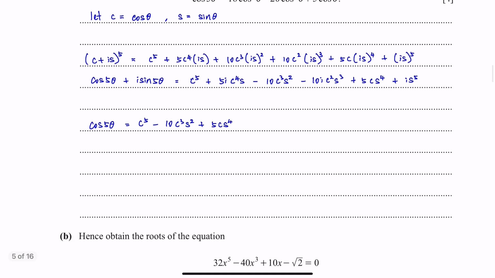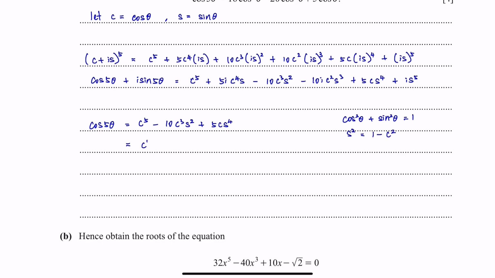So we need to convert all the sine theta to cos theta. And how do we do that? From the formula booklet, we know that cos squared plus sine squared equals 1. So we can write all the sine squared as 1 minus cos squared.